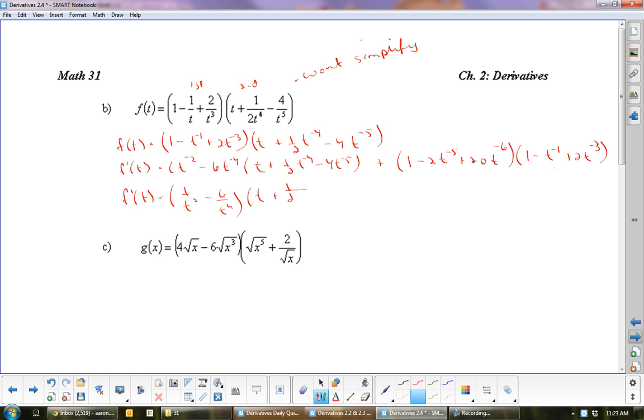All I'm doing is getting rid of negative exponents, right? 4 minus 4 over t to the 5 plus 1 minus 2 over t to the 5, 20 over t to the 6, 1 minus 1 over t plus 2 over t to the 3.